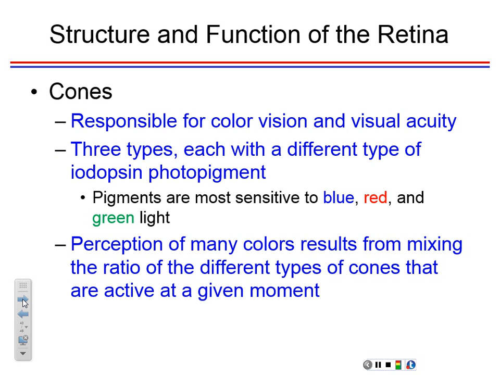Cones. So cones do the color vision, and the vision of other colors in the spectrum is a mixture of activating green cones, red cones, and blue cones, and you can see all the visuals because these are like the primary colors. You know, back in the day when they first had the color TV, it had those colors on there, because when you mix any of those colors, you get all the other colors.